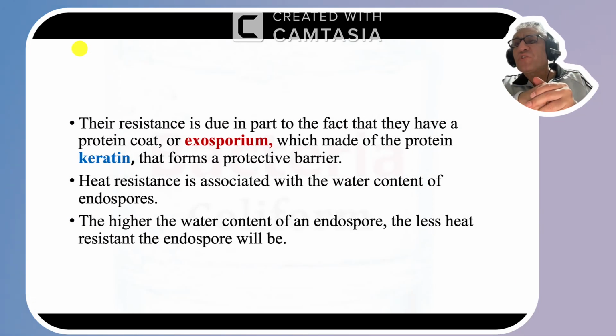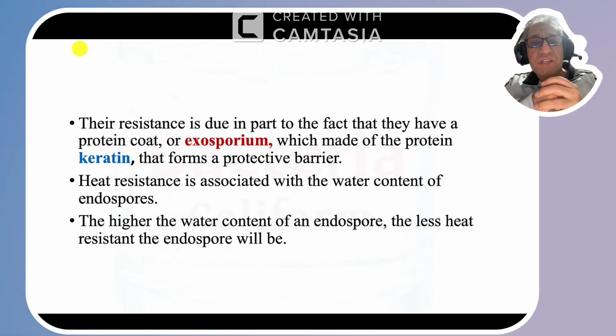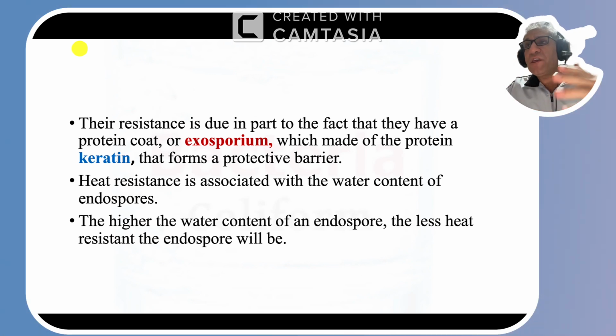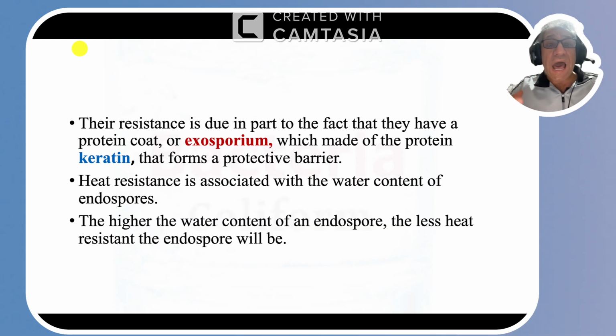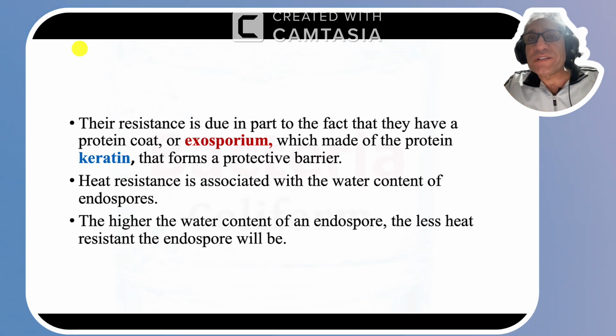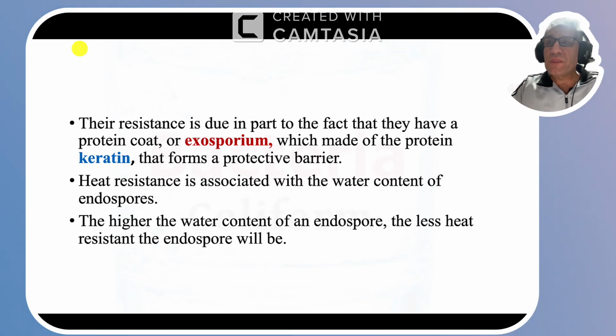We talked about the main characteristic: it is resistant to high heat, acids, radiation, and chemicals as well. How do they do this? Why are they resistant, and what characteristic protects them?